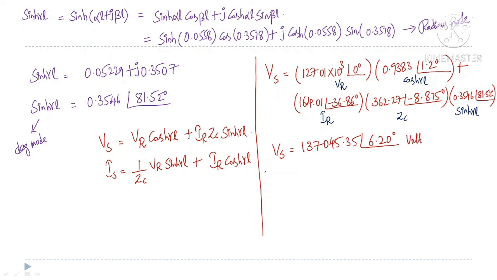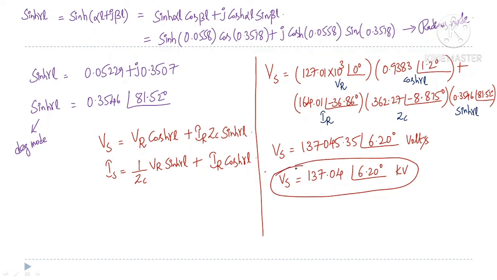What is the unit of voltage? Volts. When I express this in terms of kilovolts, I may get Vs as 137.04 at an angle 6.20 kilovolts. So this is the value of Vs.